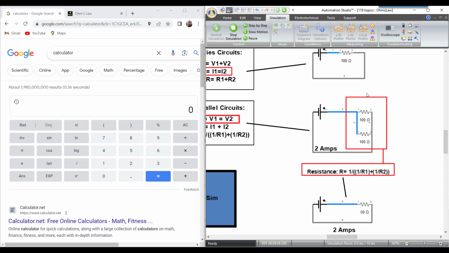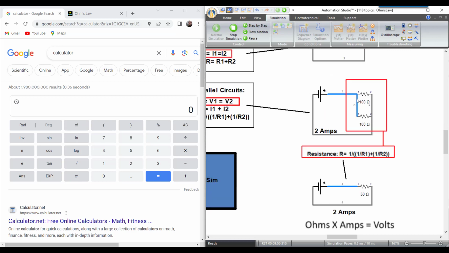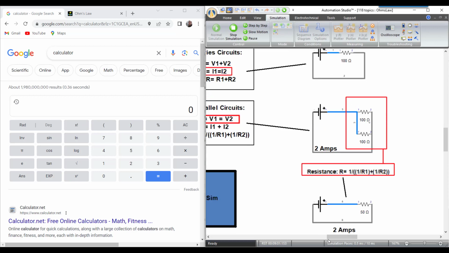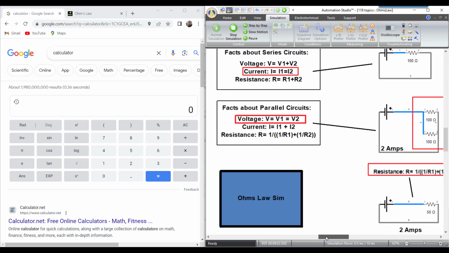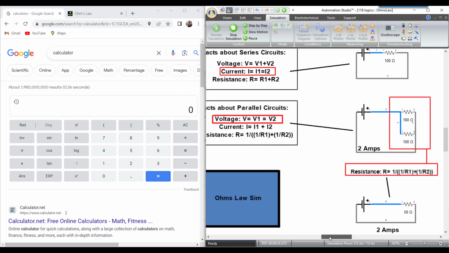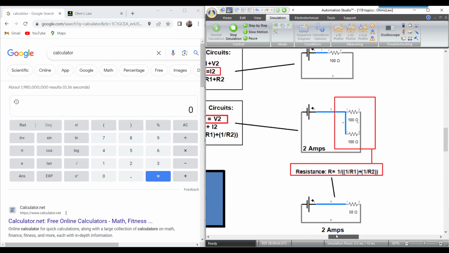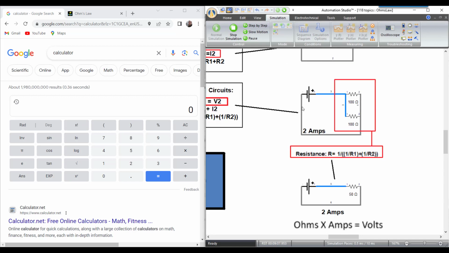Now, when we get to our parallel circuits here, we have a couple steps we have to do. This is also just getting our totals for current, resistance, and voltage. But in order for us to get what we need out of this, we need to first put our resistance together, and then we can figure out our volts.